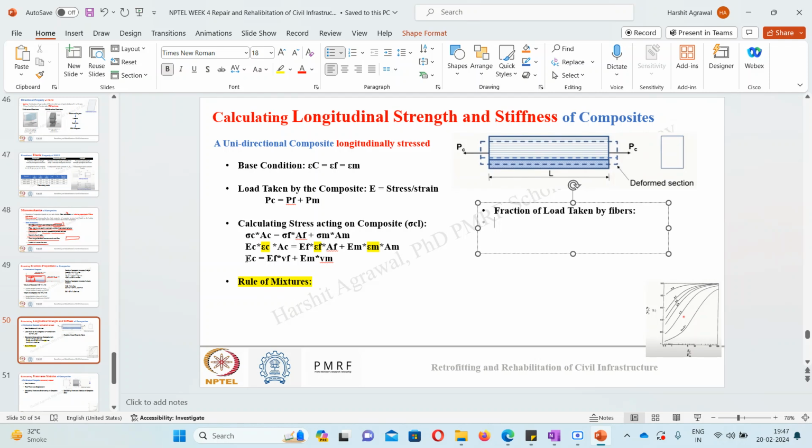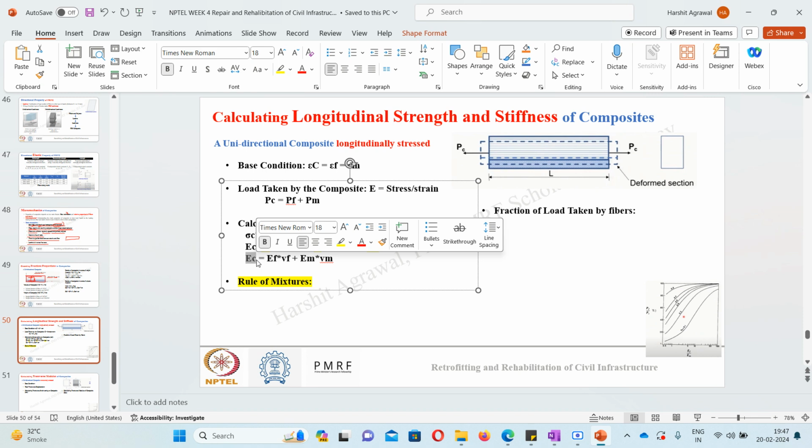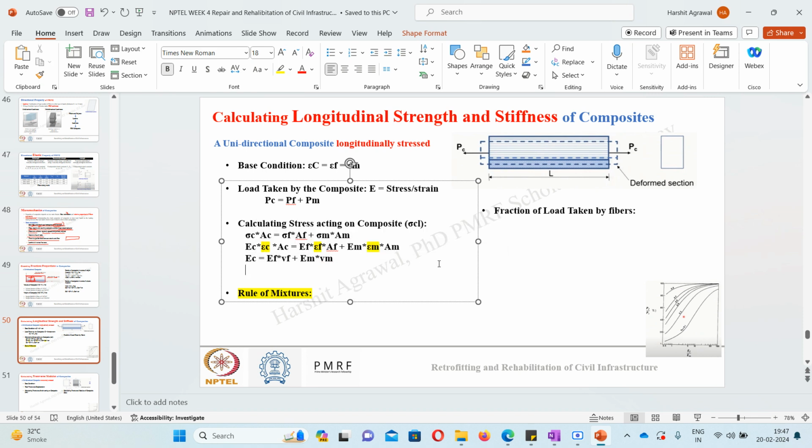Okay, once I know the EC value, I can simply write the stress also. So if I know the strain, I can write sigma C is equal to sigma F times VF plus sigma M times VM.